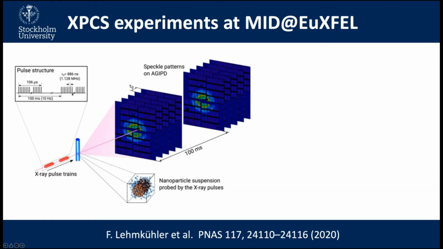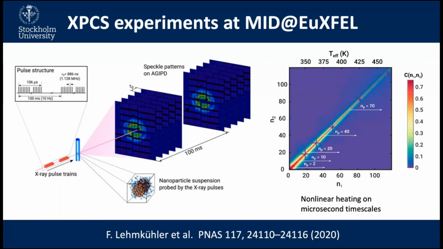In this study, they looked at both the intra-train correlations, between pulses within the same train, and inter-train correlations. This was done looking at nanoparticle suspensions. One of the more relevant aspects here was that they could follow the sample as it was warming up during the measurement. This is shown in these 2D maps, and it is the same as I was explaining before.